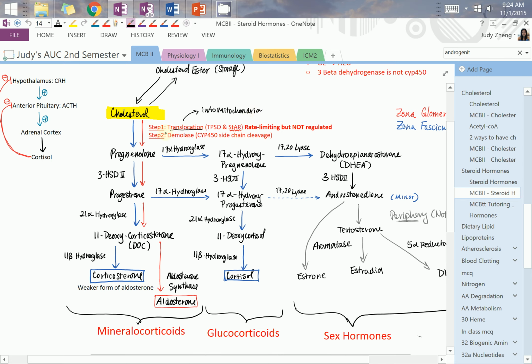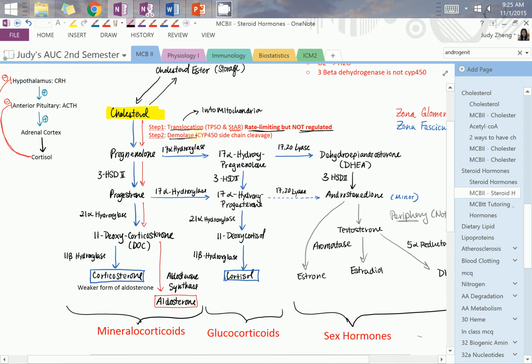So this step is mediated by two enzymes, TSPO and STAR. These two are both involved in translocation. They are the rate limiting steps, but they're not regulated. The next step is the actual enzyme.